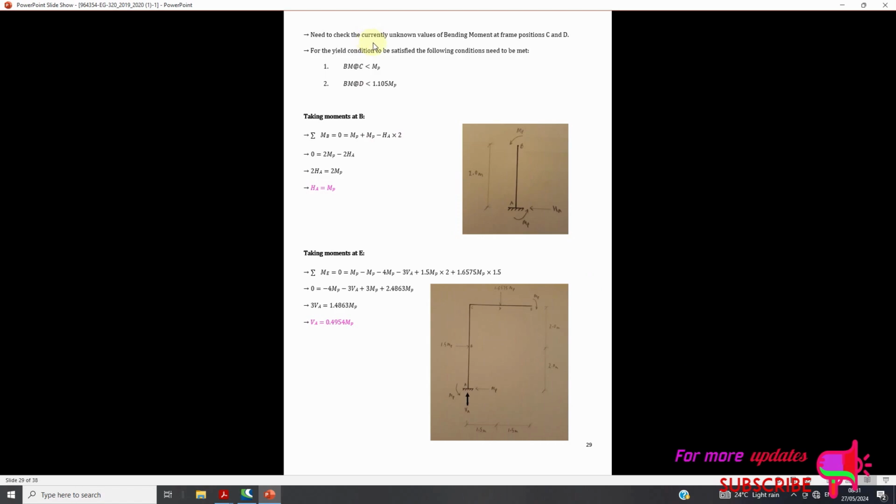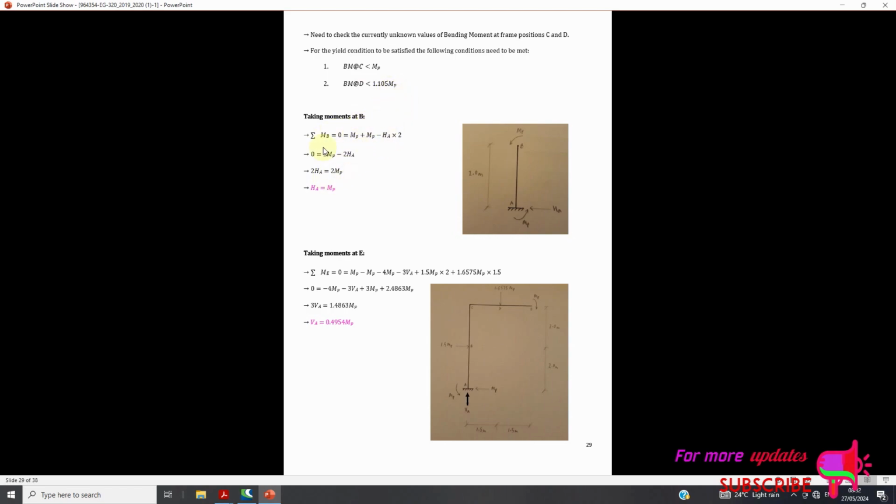No need to check the currently unknown values of bending moment at frame positions C and D. For the yield condition to be satisfied, the BM at C should be less than MP, and the BM at D should be less than 1.105 MP.